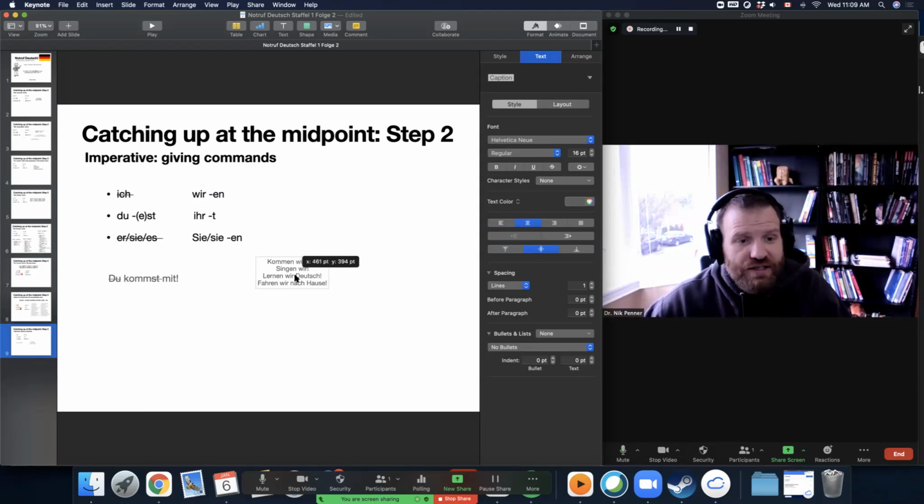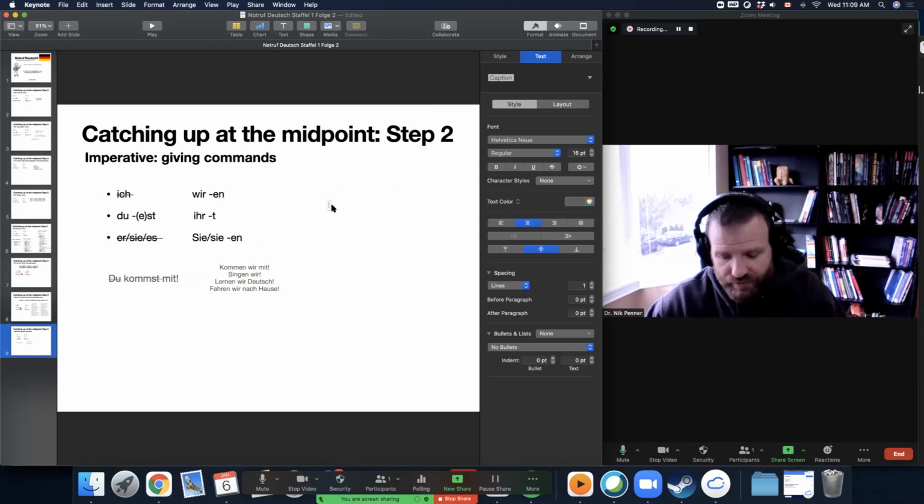The ihr imperative also works quite easily. So remember the ihr form, where you add the ending t. So ihr, let's say, kommt mit, right? What you do is you get rid of the ihr, and that's your command: kommt mit.